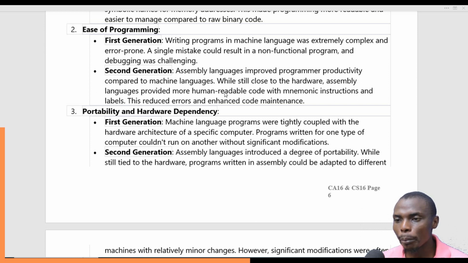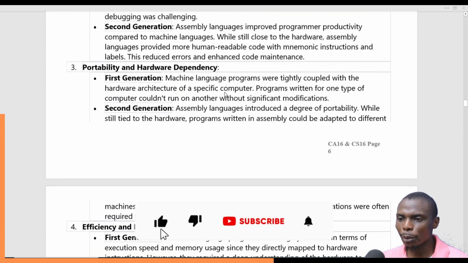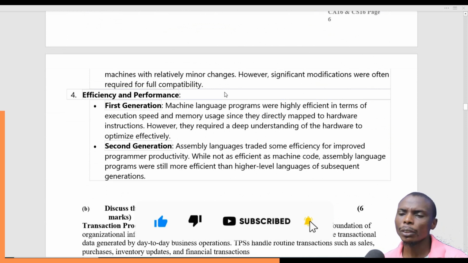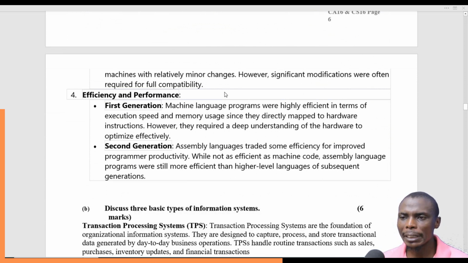Because it was hardware dependent. It was dependent on a particular computer architecture. While the second generation, the assembly language, introduced a degree of portability. Though it was still tied to hardware, a program written in assembly language could be adapted to different machines relatively easily.